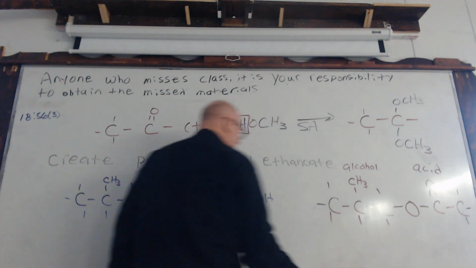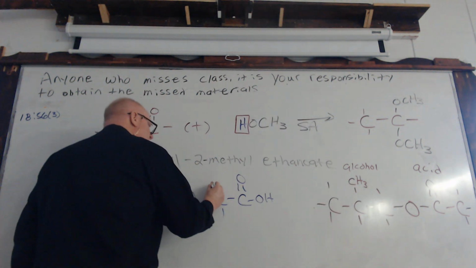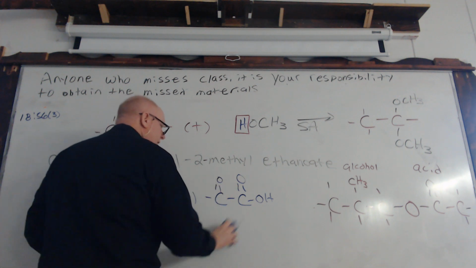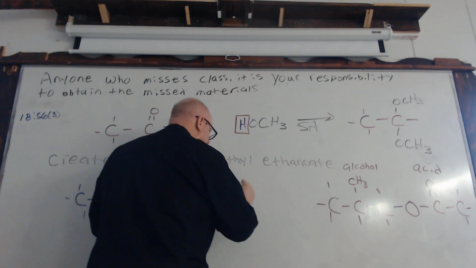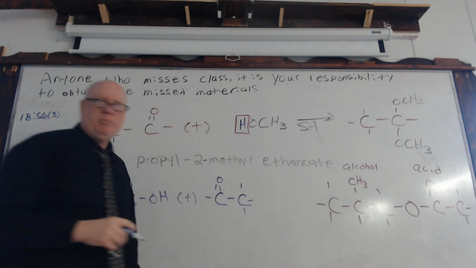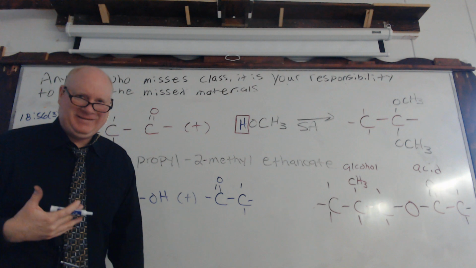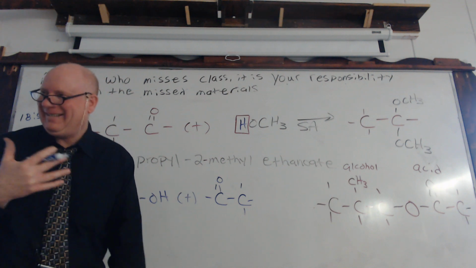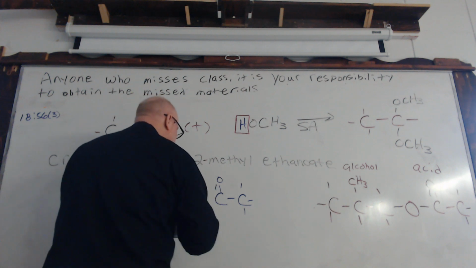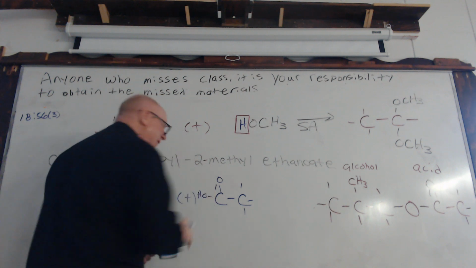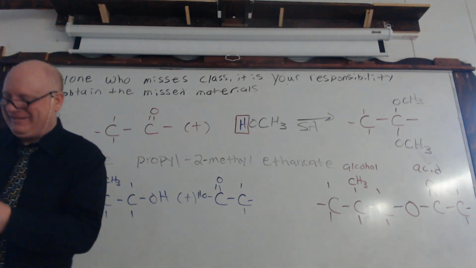It would make it a lot easier to put that double bond oxygen over here rather than on the right carbon. Well, I guess you are putting it on the right carbon. Okay, make sure you put it on the right carbon.